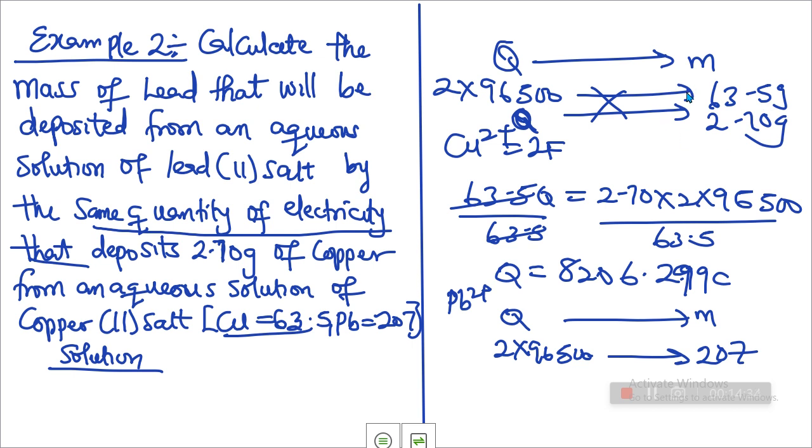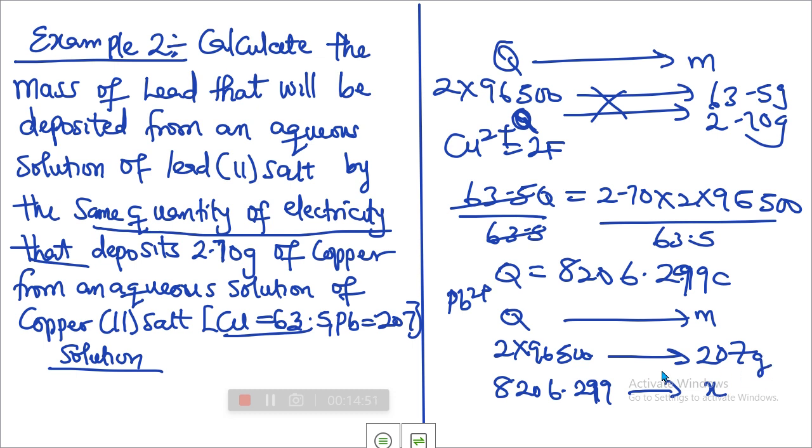I hope you understand. So now we have the quantity of electricity that passed through copper. I said the same electricity passed, so it means 820.299 passes through lead. They say we should find the mass, so this place will be the mass.